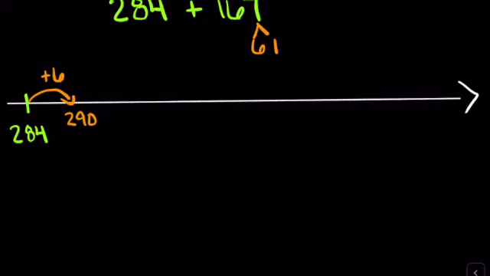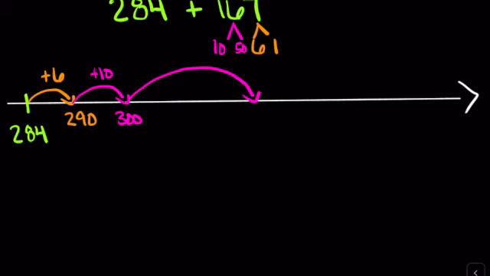Then, again, it makes sense for me to break up so that I get to something easy to work with. 10 more to get to 300. So I broke that into 10 and 50. I can go ahead and do that other jump of 50, which should take me a little bit more than the 10 did. That will get me to 350. So I've added my 10, my 50, my 6. I'm going to go ahead and add the 100.